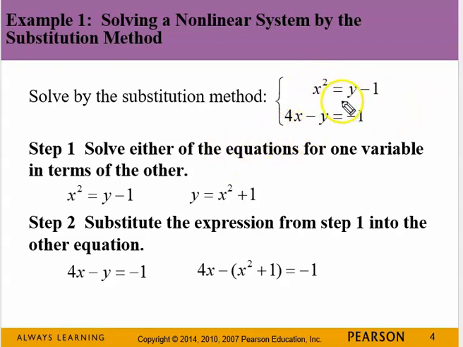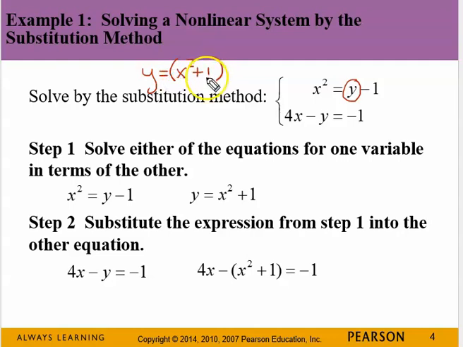There are two equations. And you might say, what would be the easiest? Well, if we solve for y here, we would get y equals x squared. Just transpose the -1 over to this side, and that would be a +1.